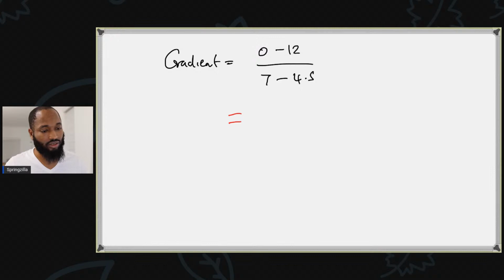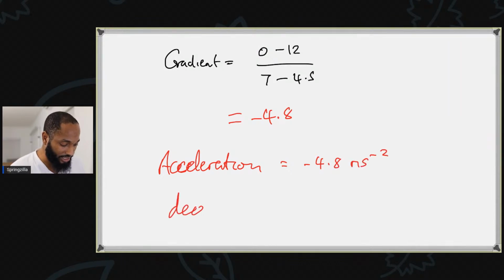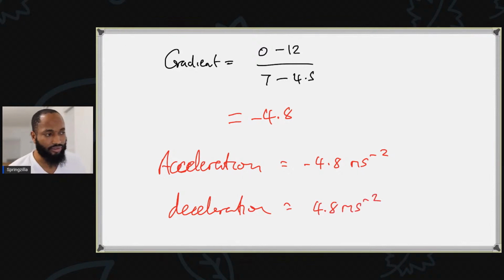I'm back with it. 4.8, but it's negative 4.8. So the acceleration is negative 4.8 meters per second squared, but the deceleration is 4.8 meters per second squared. I understand what I'm saying.